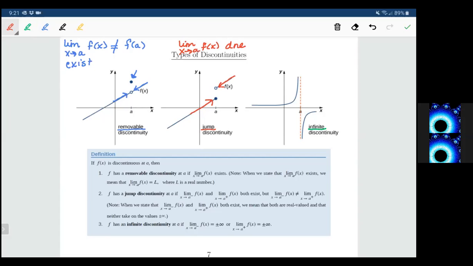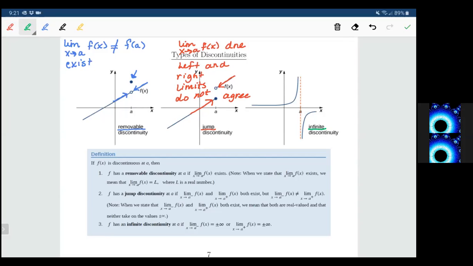So the left and right limits exist in a jump discontinuity, but they do not agree. But they do approach an actual value, not an infinite value.